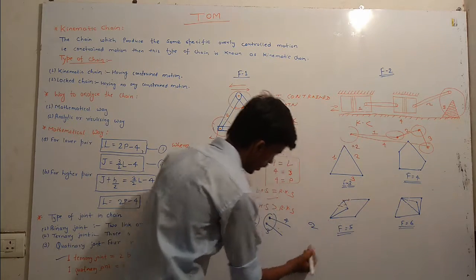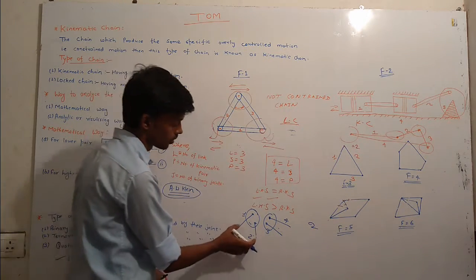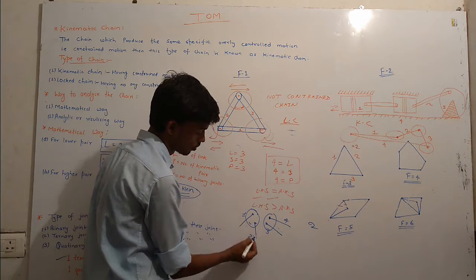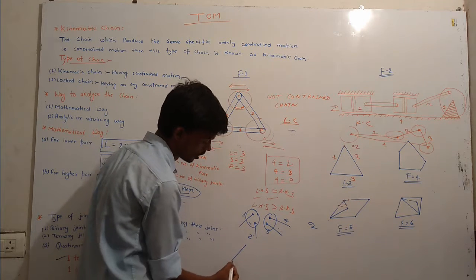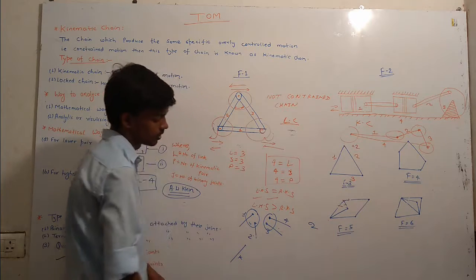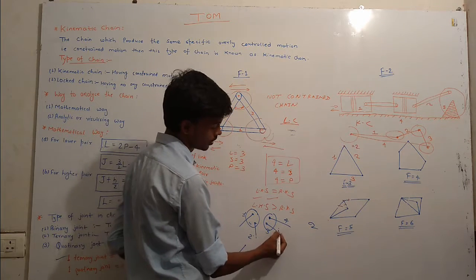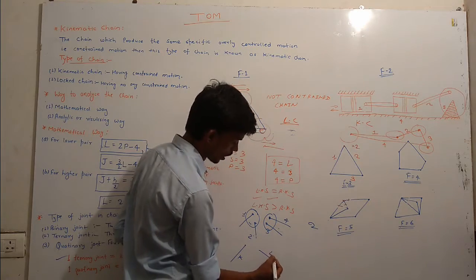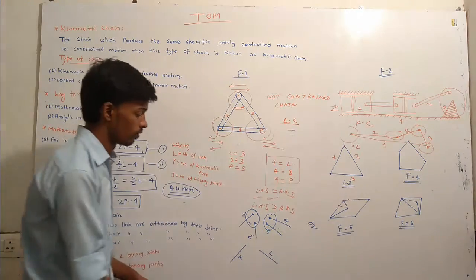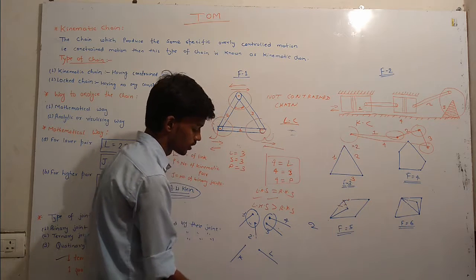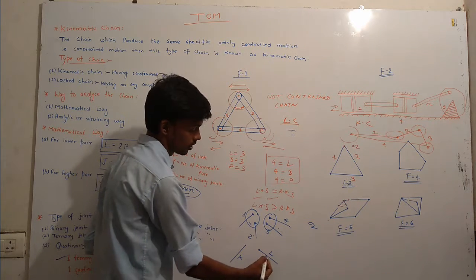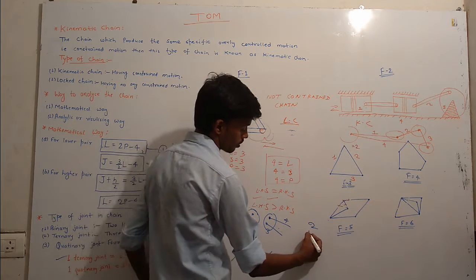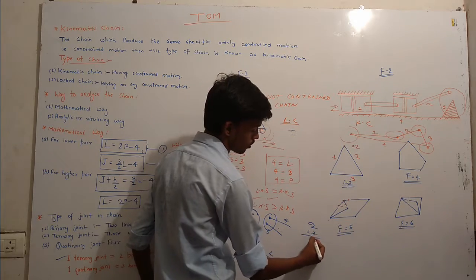After attaching link number 1 and 2, it can be treated as one link, that is the link number k. And after attaching link number 3 and 4, we can treat it as another link, which is known as L. And we have a requirement of an extra rivet to attach link number k and link number L. So the total number of rivets required is 3.